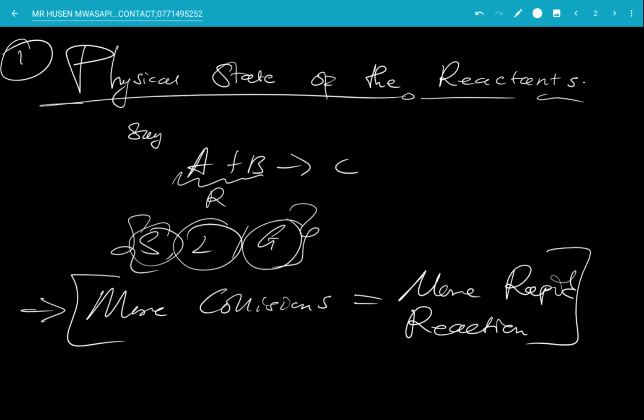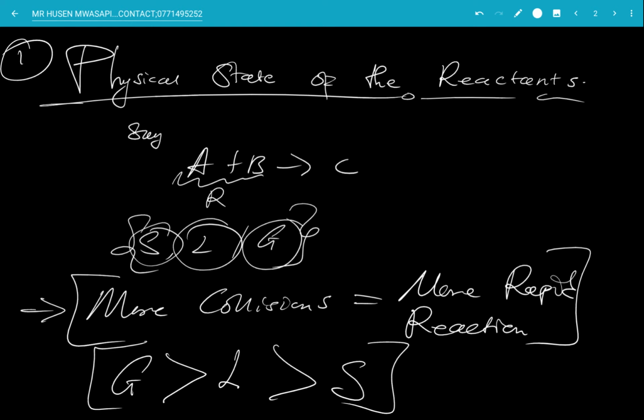Therefore, if you try to distinguish among solid, liquid, or gases in terms of the mobility of particles, you'd find that solid particles are not as mobile as compared to liquid or gases. So gases have a greater mobility as compared to liquids, and liquids have a greater mobility as compared to solids.